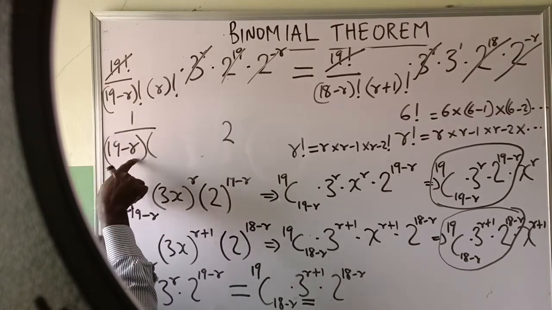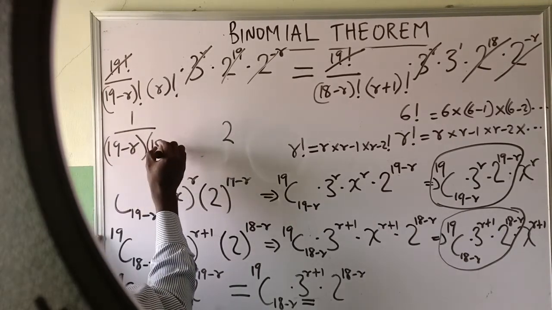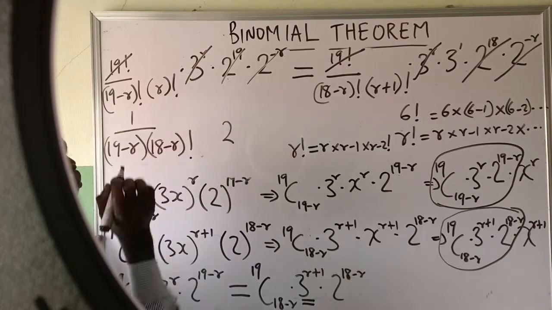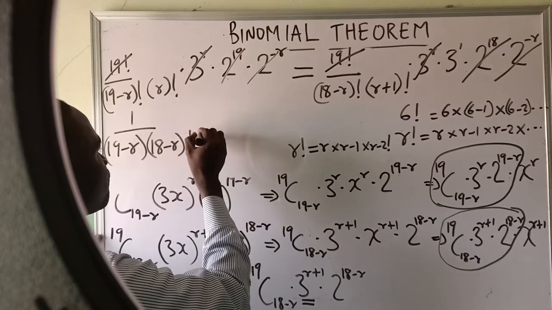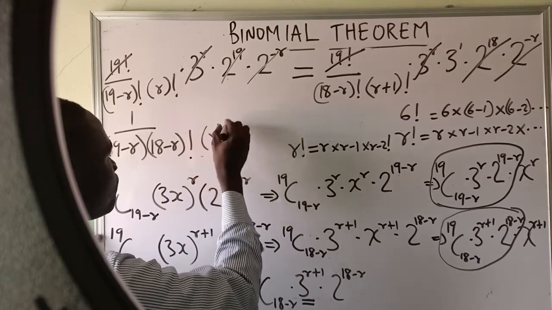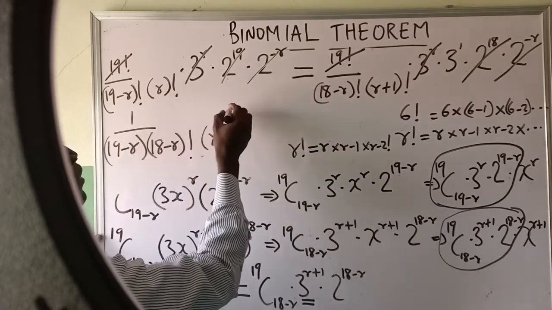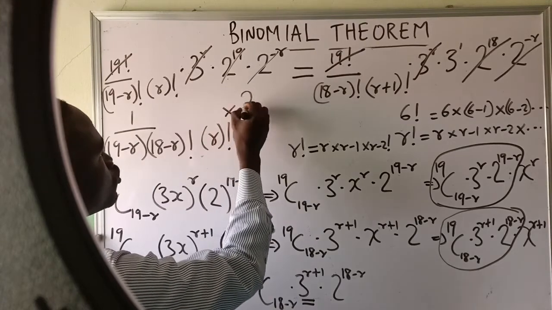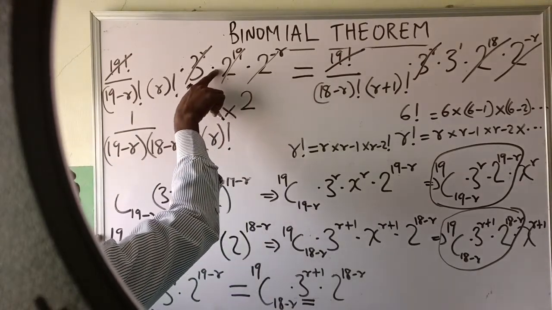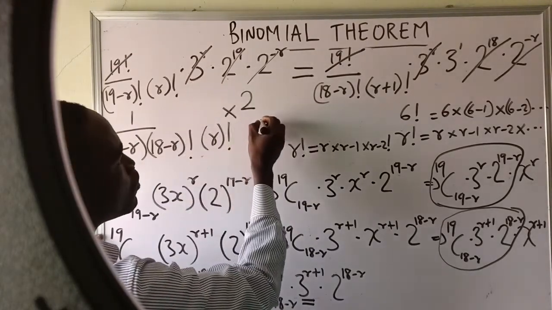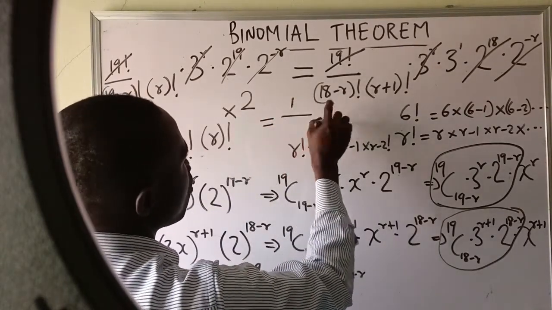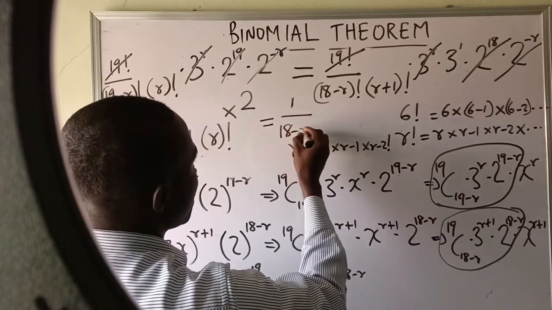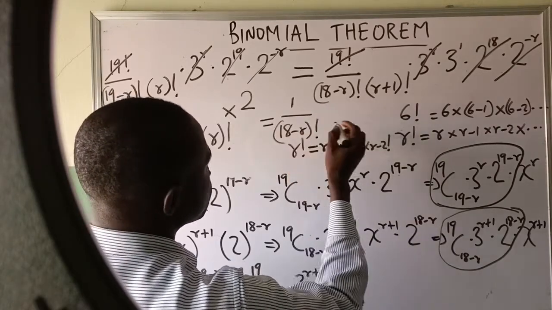Then 19 minus r minus 1, 18 minus r factorial. Then we have times another r factorial, which is this. Then times 2, which is what we have at the top. We now say it is equal to 1 all over 18 minus r factorial.